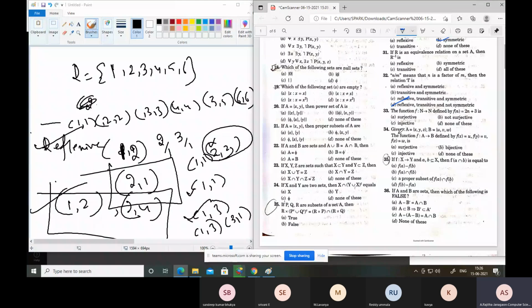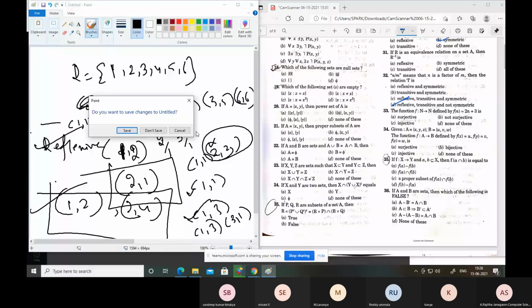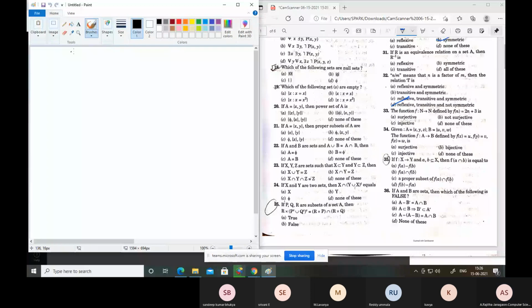Suppose you can observe this question 34. Here A equals x, y, z and B equals u, v, w. Now the function f from A to B is defined by f of x equals u, f of y equals v, and f of z equals w.